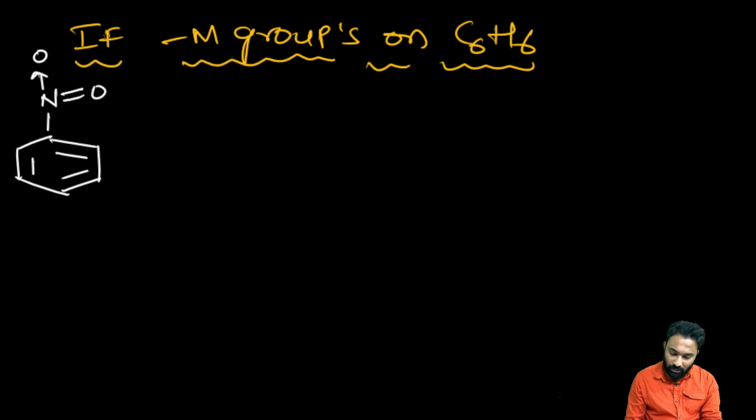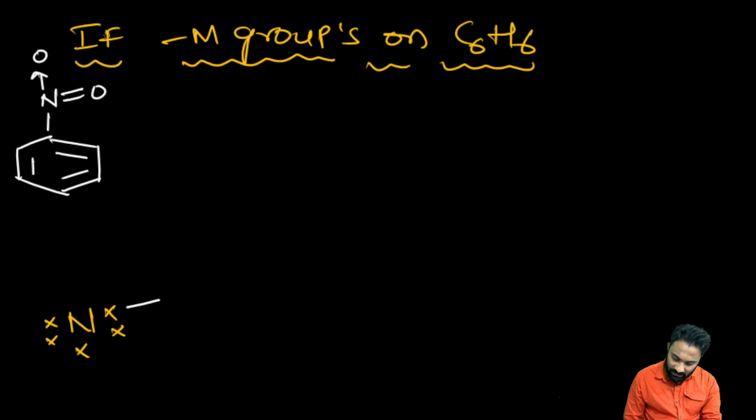Now why, how does the nitrogen not have the lone pair of electrons? Now we'll see. Normally nitrogen has 5 valence electrons.